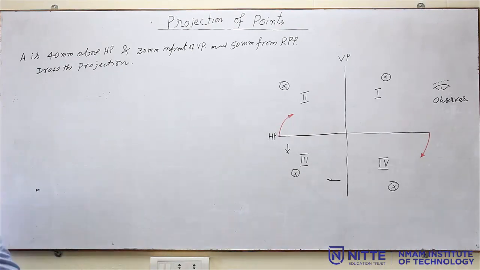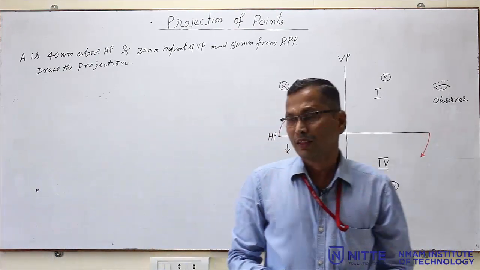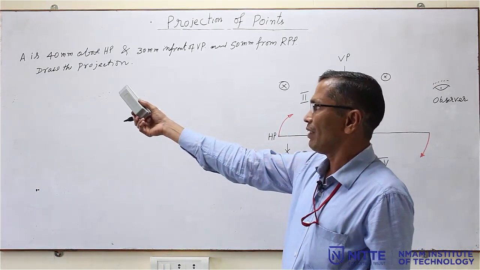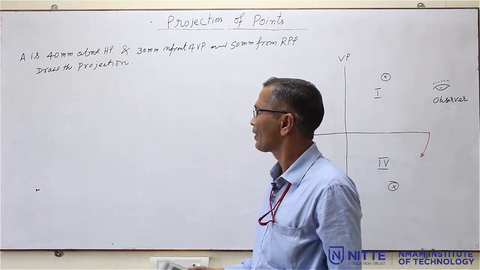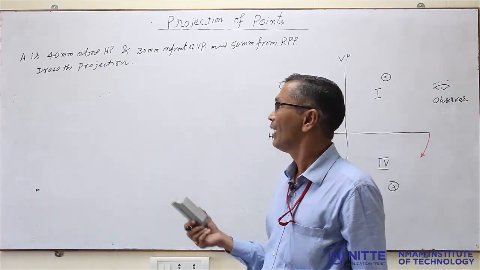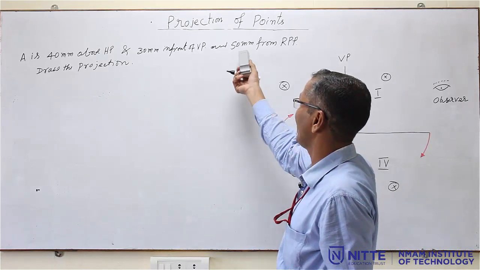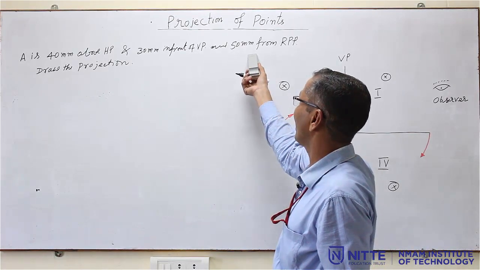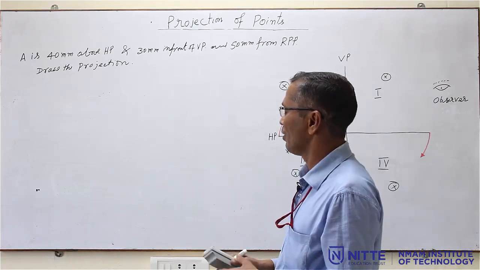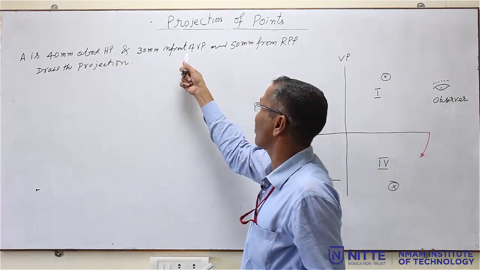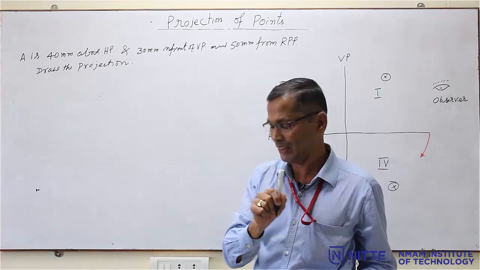Now, if you read this, the point A, what is the name of the point? A. It is 40 mm above HP and 30 mm in front of VP. So, forget about the remaining dimension, it is not so important, it is required only to draw the profile view. But above HP and in front of VP means it is the first quadrant.